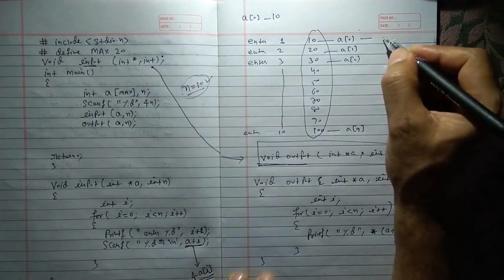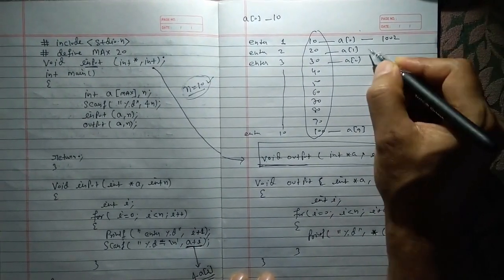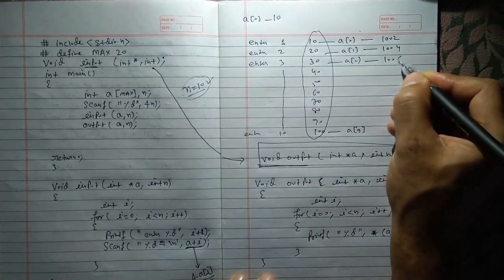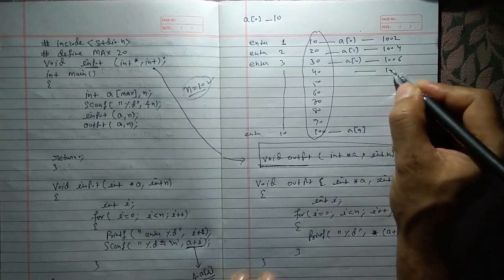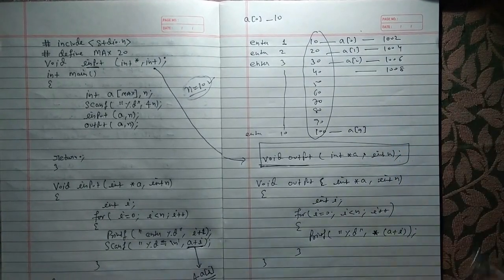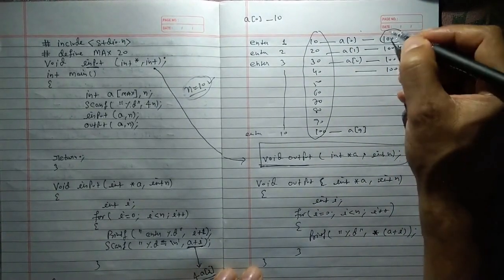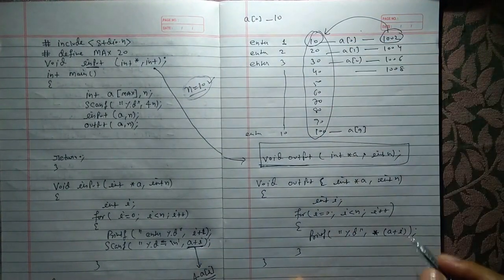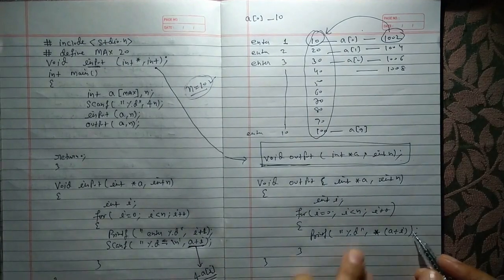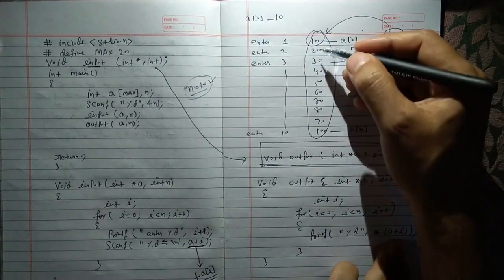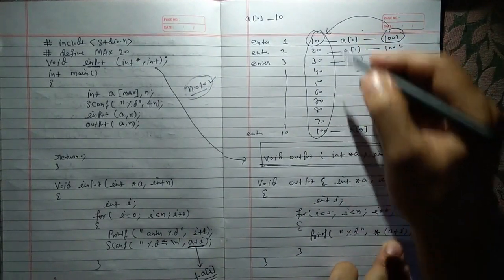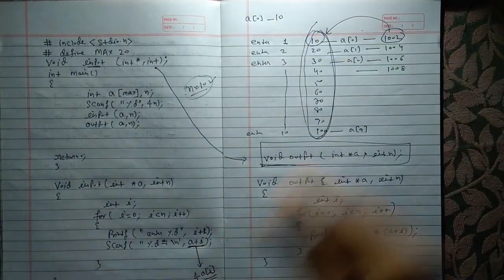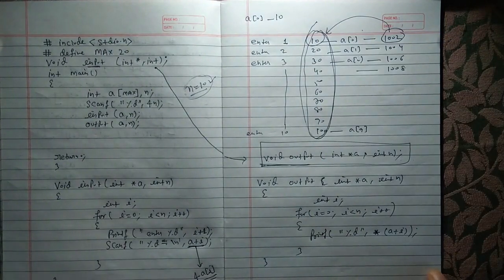Suppose its address is 1002, then 1004, 1006, 1008, and so on. Inside this address your value is 10. So your function will print this 10. At first it will print 10, then 20, then 30, 40, 50, 60, up to 100. So this is your output. Whatever you have input, your output will come in that same manner.